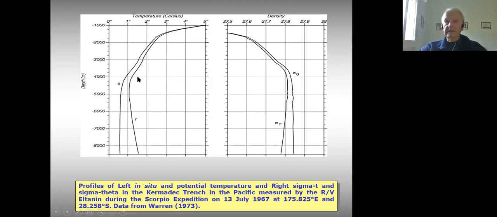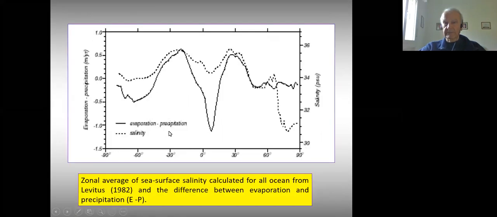Therefore, we introduced the potential temperature, and using it we calculate the potential density. You can see that the potential density curve straightens and becomes vertical, and so we eliminate this apparent instability due to the use of the potential temperature.